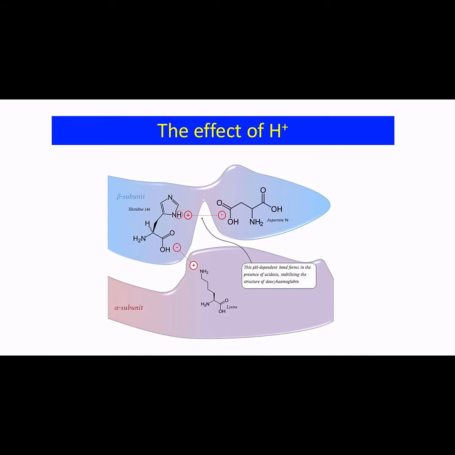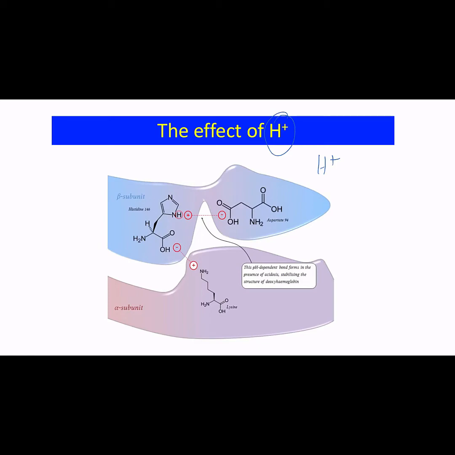What about how protons work? So protons, H+, are positively charged cations. And what they do is essentially they disrupt structure because amino acids have positive and negative charges, and they come together to form proteins of complexity.